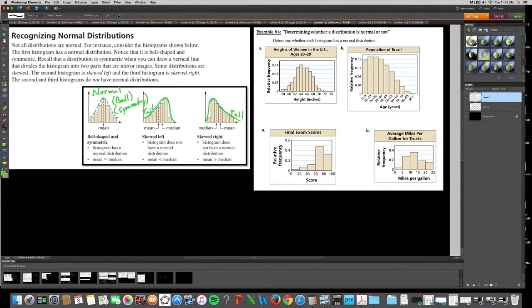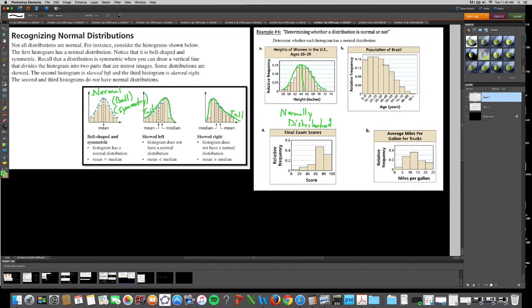And as we move away to the very, very shorter people and the taller people, we can see that the relative frequency starts to drop off here, or the percentage of the population that has that height. So I would say that because this is approximately symmetrical here, it's approximately bell-shaped, and the average would be somewhere in the middle, then this would be a normally distributed thing. So it's normally distributed. Okay, normally distributed.